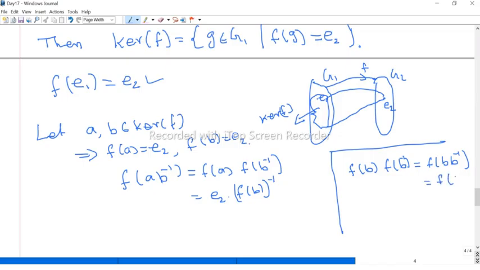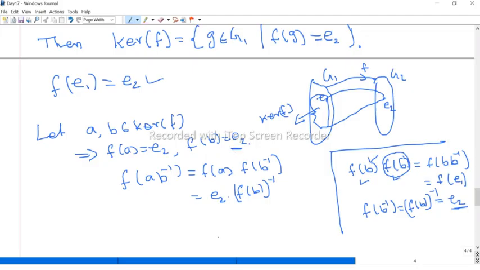So this is f of the identity element, which maps to the identity element, therefore E2. Multiplying these two elements, we get the identity element. Therefore f of b inverse is the inverse of f of b, so we can write f of b inverse as f of b whole inverse.